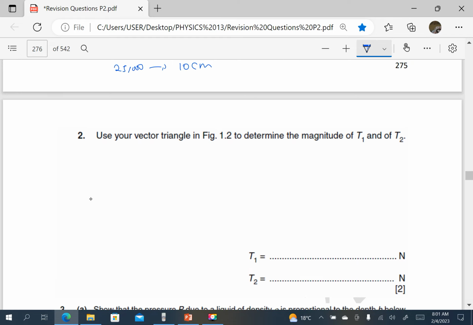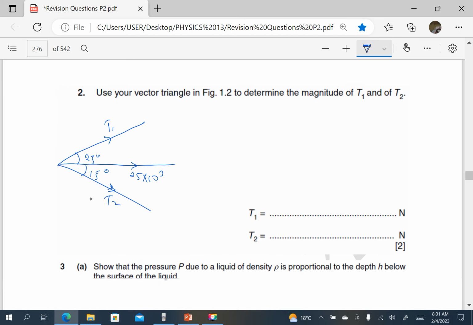So we have, this is XY. We have T1 here, which is at an angle of 25 degrees. We have T2 here, which is at an angle of 15 degrees. The resultant here is 25 times 10 power 3.